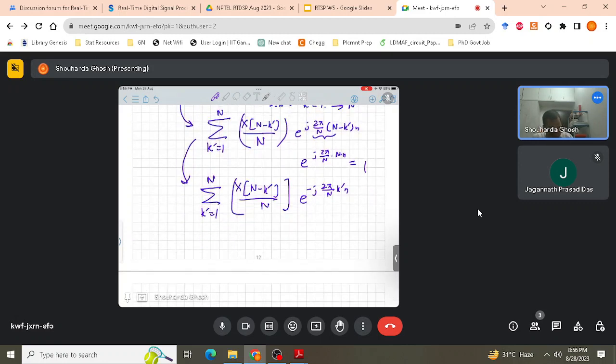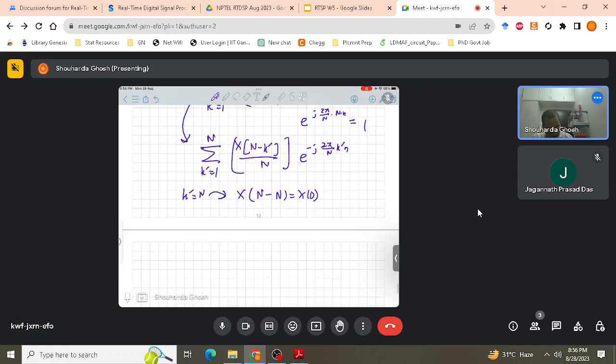So how will I give the inputs? Okay, so what happens at k prime equal to N? K prime equal to N means X of N minus N, and that's X of 0. The order actually matters over here, as the ASIC receives the inputs.